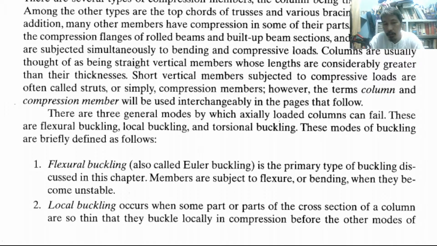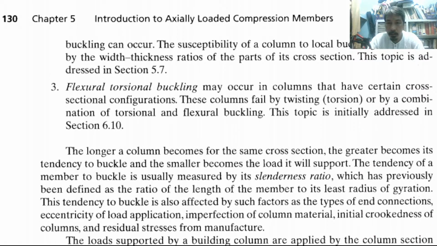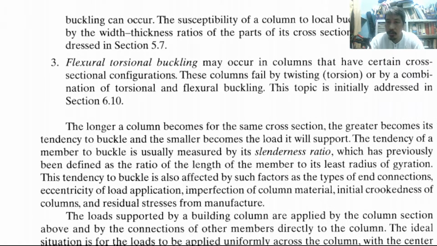And number two, local buckling. This occurs when some part of the cross-section of the column is so thin that it buckles locally in compression before other modes would fail. The susceptibility of a column to local buckling is measured by the width-thickness ratio.